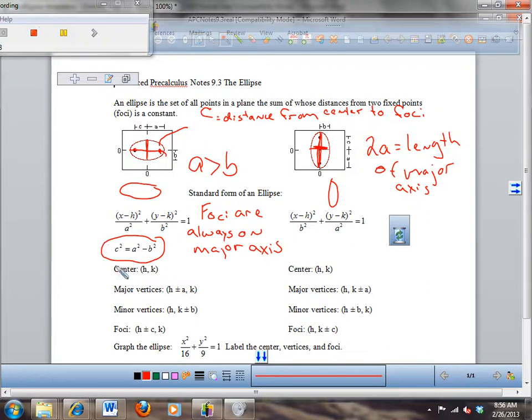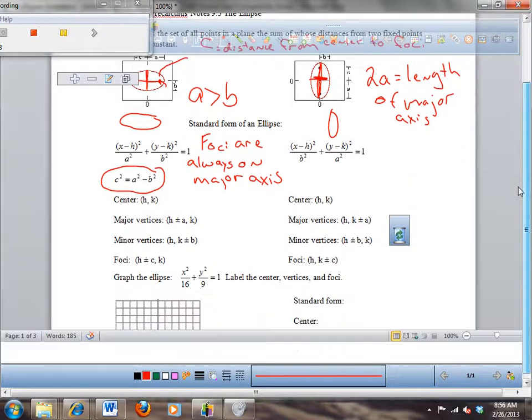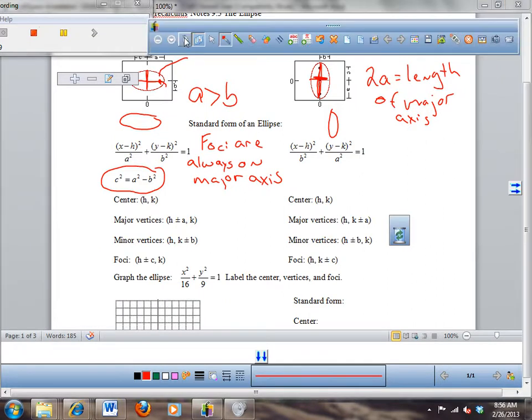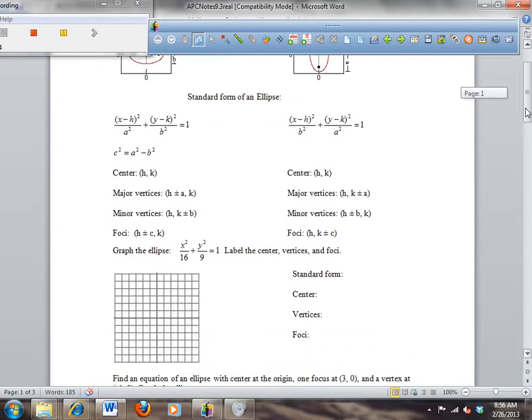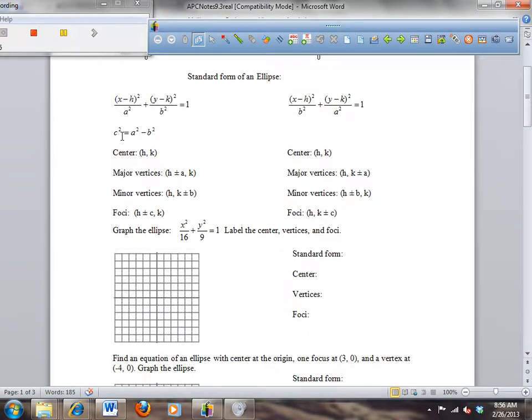And then major vertices: again, like I did with parabolas, I think it's easiest if you draw a picture rather than memorize a whole bunch of formulas. That's the way I've done it in my mathematical career, and it's always served me well.